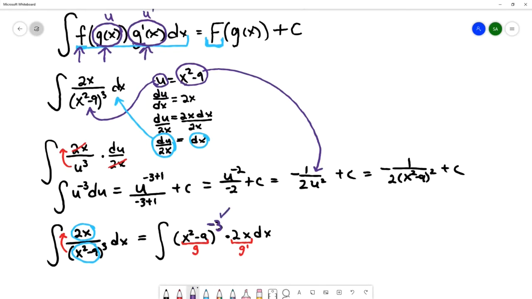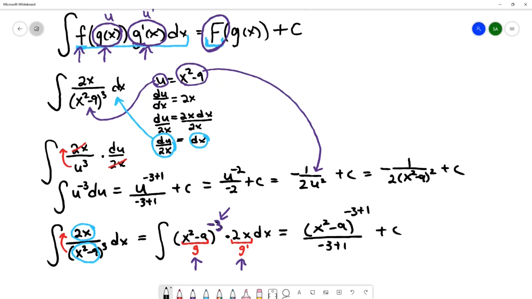So that means I can follow this rule in which I need to calculate the antiderivative of the outside function. My outside function is a power, so I'm going to use the power rule. So I add 1 to the power and divide by that power and do the plus c.